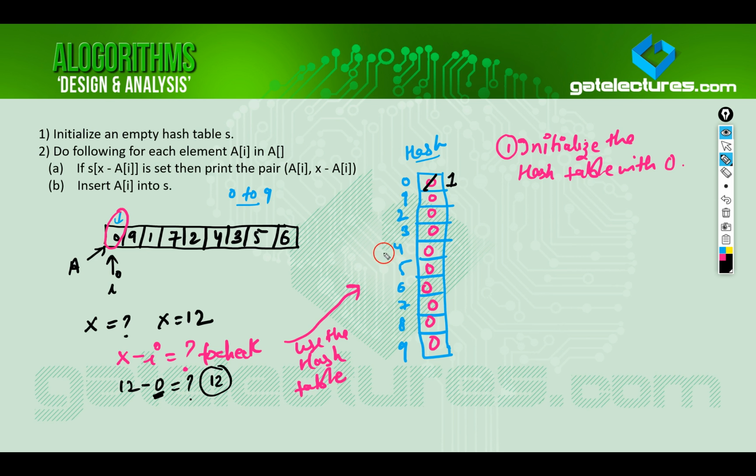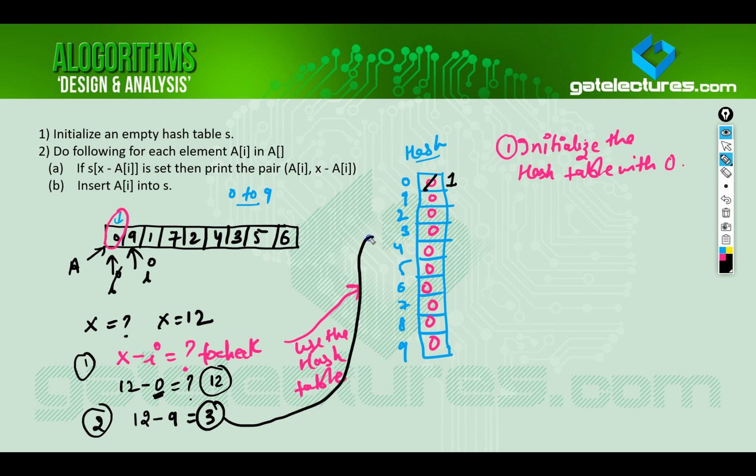You'll get to understand this. Let me take the second number, represented by I, which is 9. So we take 12 minus 9, and we get 3. Now we go to the third index location because it represents the number 3, and we check this value. If it is 1, that means 3 exists inside this array.